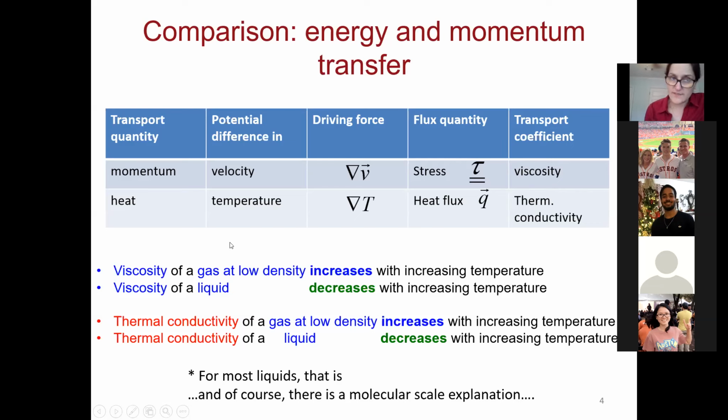In terms of heat transfer, I need temperature differences. Temperature is a scalar field, so my flux is expressed as a vector, not as a tensor, and my transport coefficient is thermal conductivity. There are certain similarities. Viscosity of gas at low density increases with increasing temperature, and so does thermal conductivity.